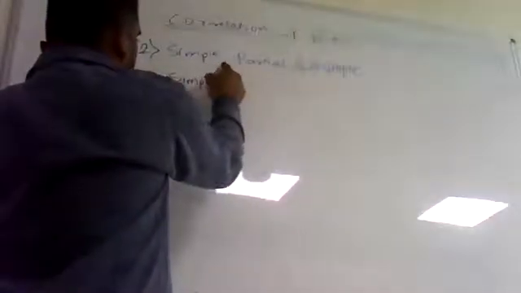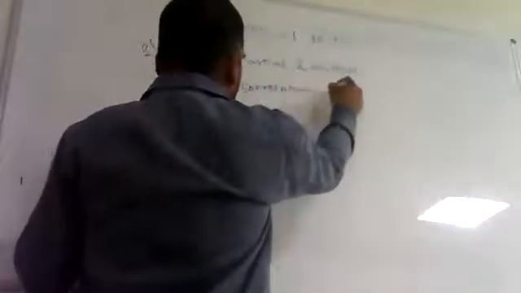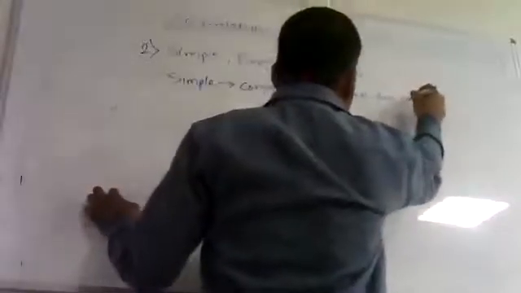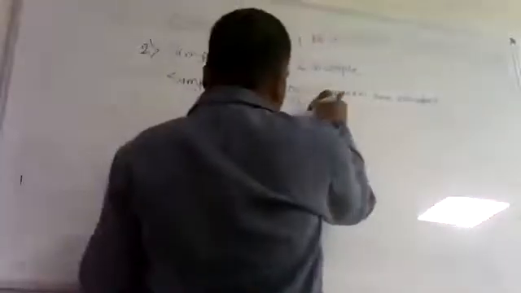First, let us see the simple correlation. Simple correlation is the correlation between two variables. It is denoted by RXY, correlation between x and y variable.